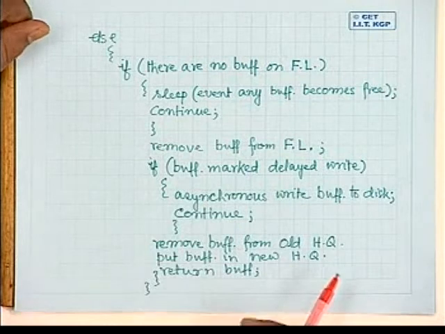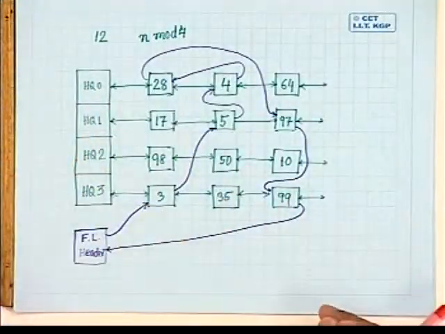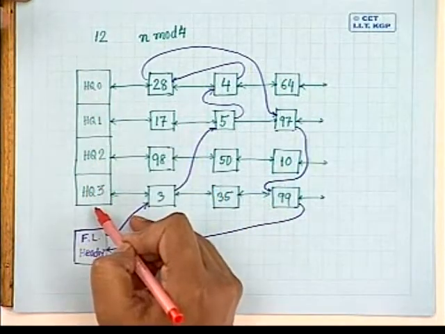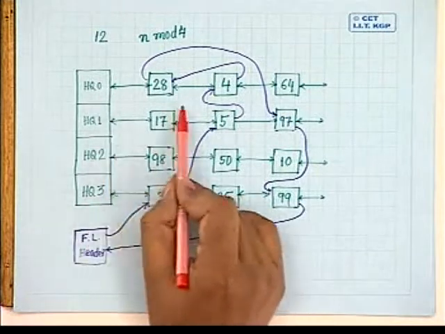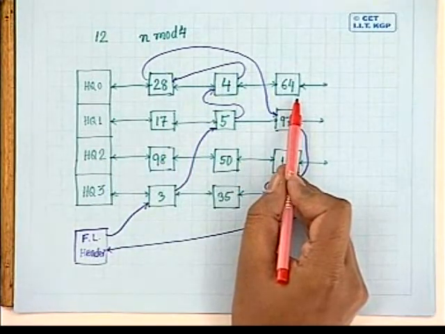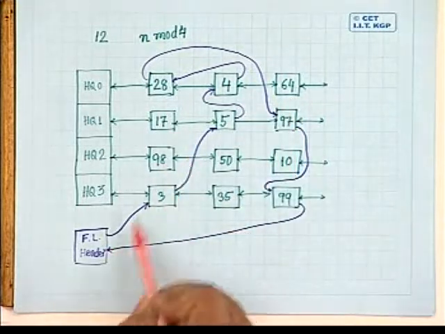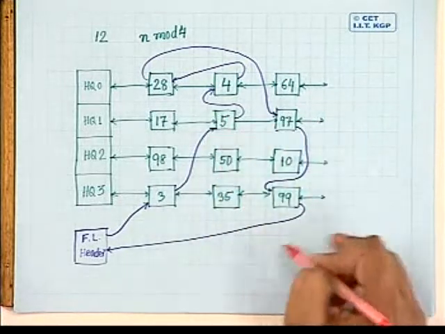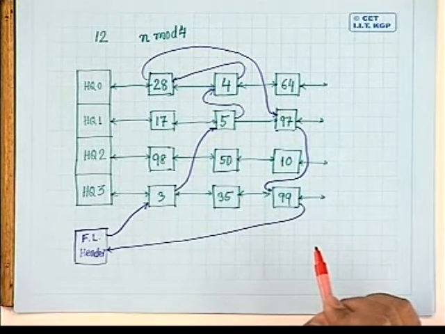Following this algorithm, we had drawn one diagram which shows four different hash queues, and in every hash queue we have, say, three buffers containing some data block. Out of these nine buffers, a number of buffers are on the free list.